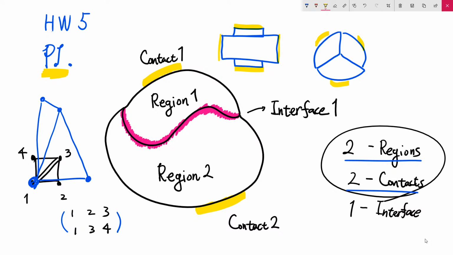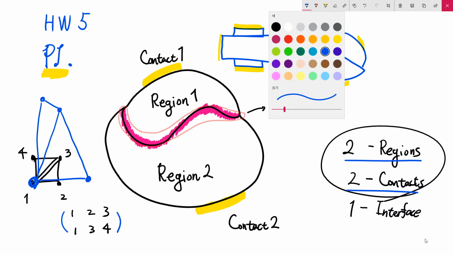Also, please always try to calculate the interface. Then the natural question is, oh, professor, in this case we have a point where three regions are meeting together. What should I do? Don't worry about that. The interface in this case should be defined as just a collection of edges.